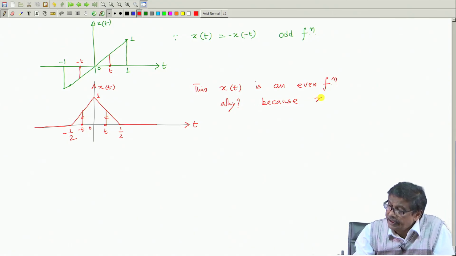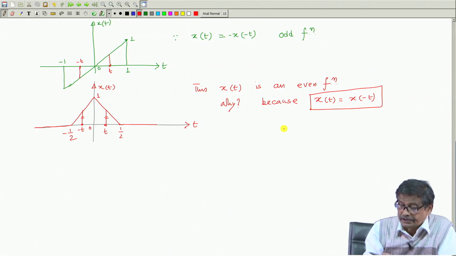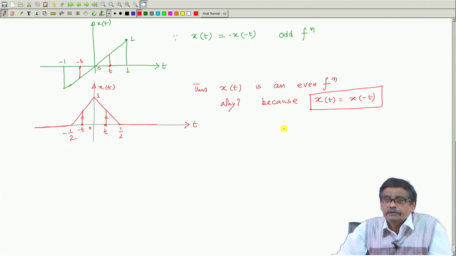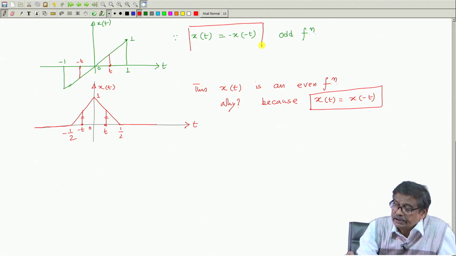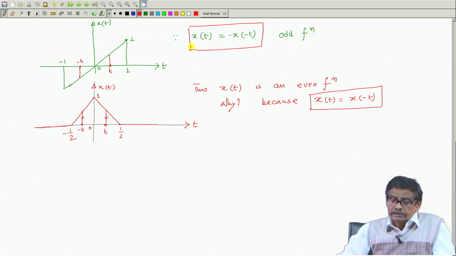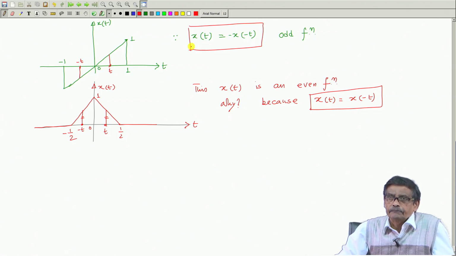Therefore, because x(t) is equal to x(minus t), this is the property an even function will have, and it has to be true for all the time t. Similarly, for an odd function, it is to be true for all the time t. So, this is a simple example of even and odd function.